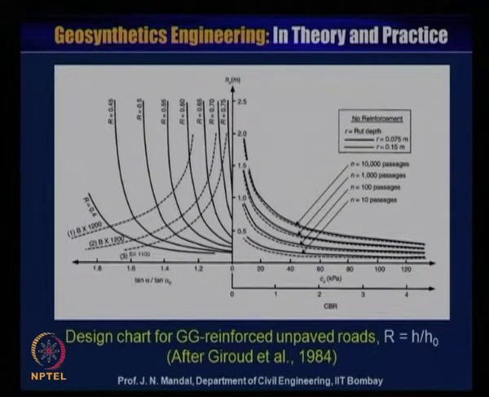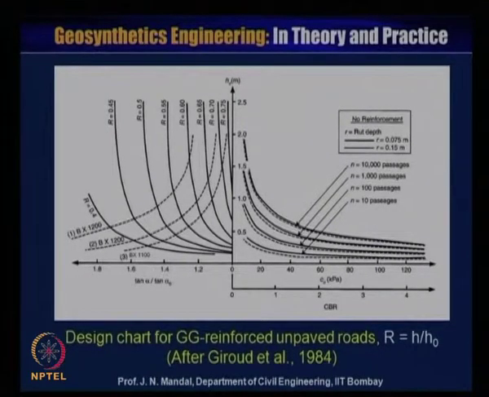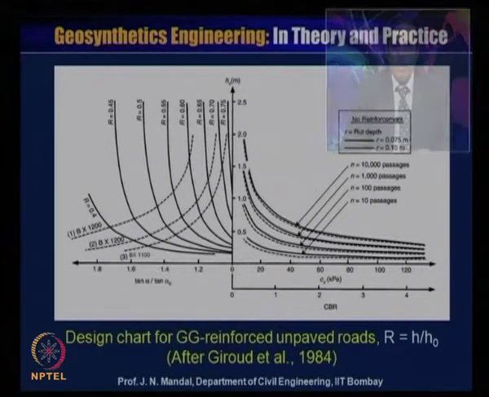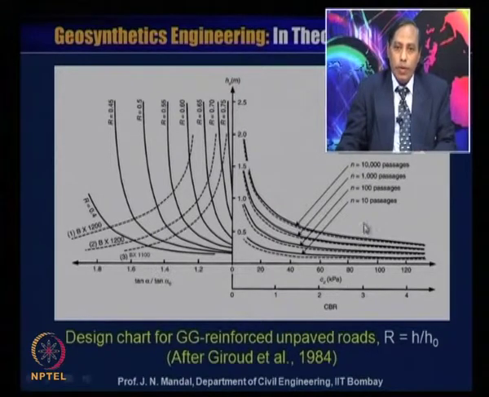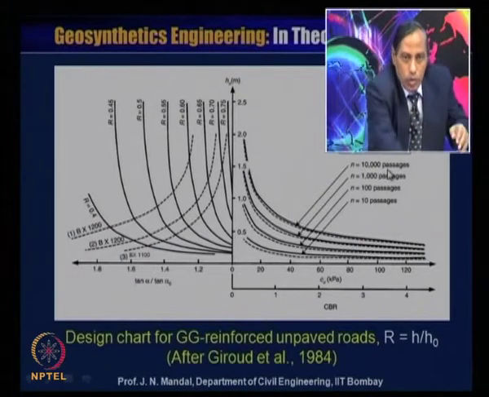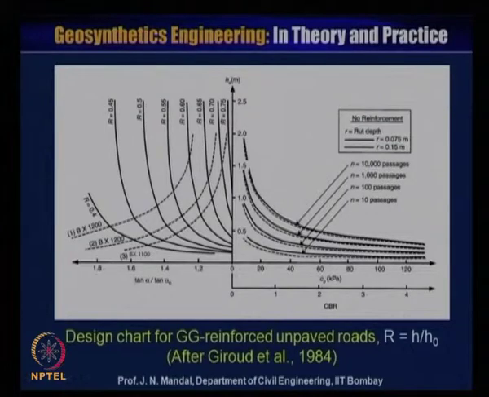This design chart has a standard axle load equal to 80 kilonewton, and the number of vehicle passes is 10, 100, 1000 and 10,000. I will just show you how to enter from here.